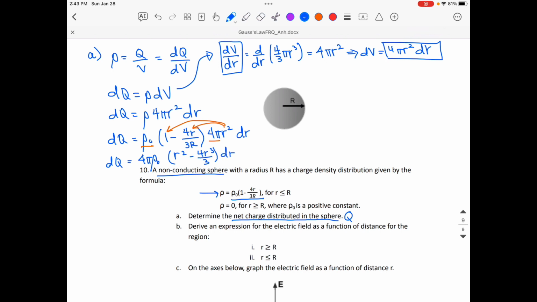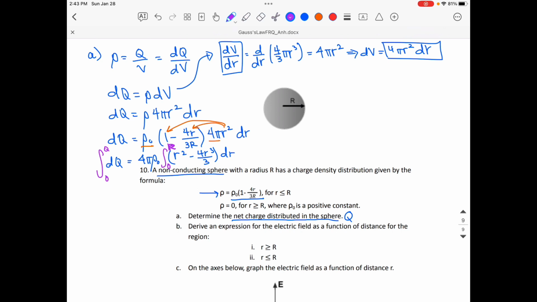And now I can take the integral. I'm going to integrate from 0 to Q, and I'm going to integrate from 0 to r. Actually, 0 to big R. We'll go with the whole. We want the full net charge, so we're going to go across the entire radius of the sphere.